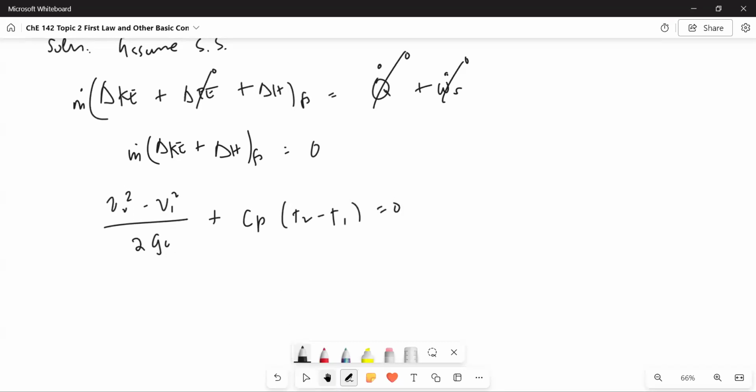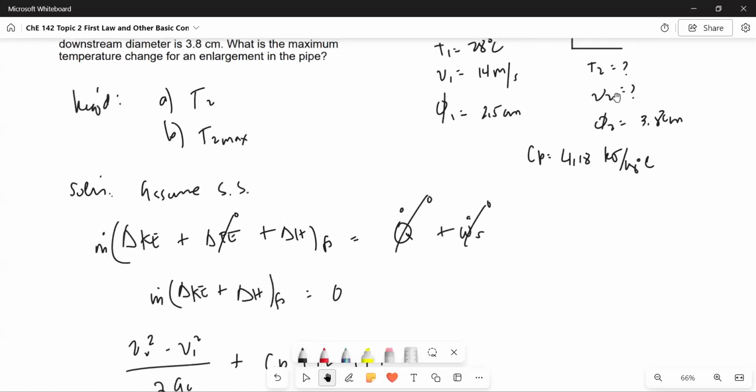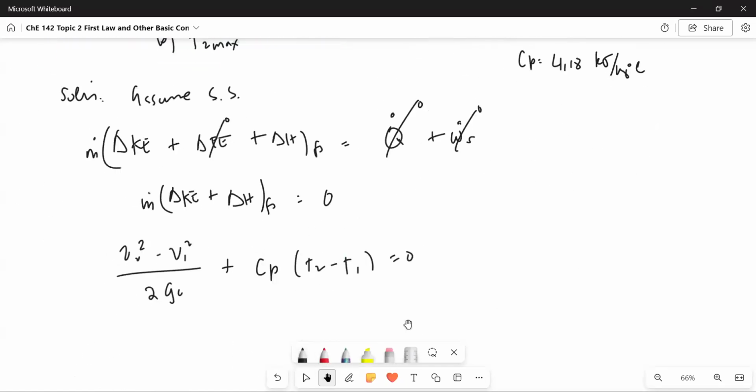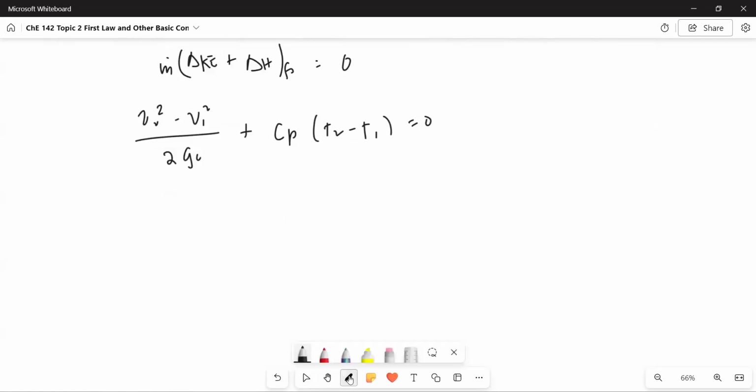Do we have everything? Okay, we don't know V2. We're looking for T2. So we can solve for V2 using the continuity equation. What is the continuity equation? Rho 2 V2 A2 equals rho 1 V1 A1.